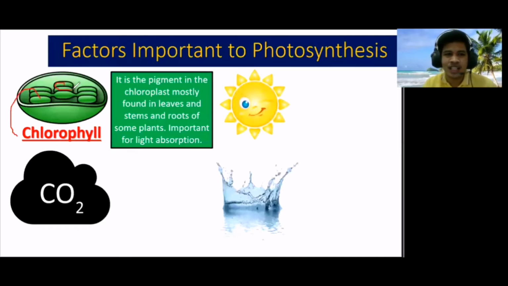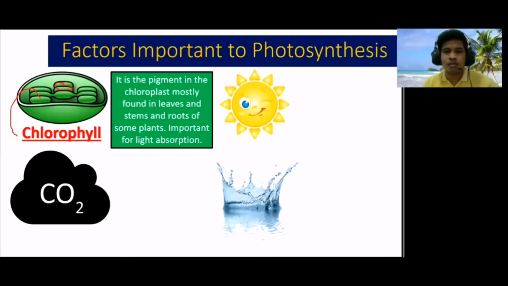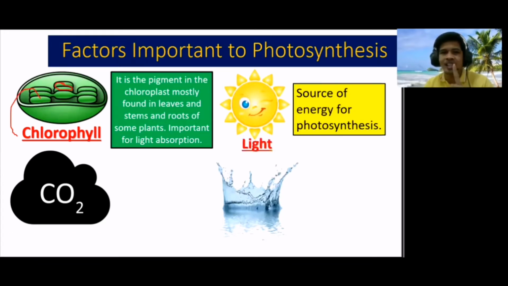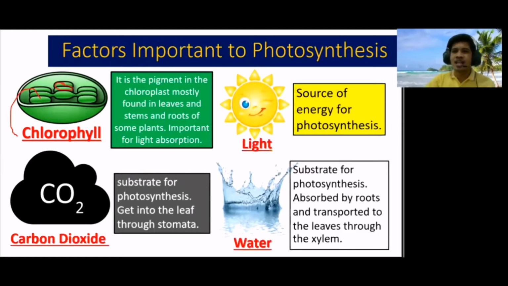Inside this one, you can find chlorophyll. So these are the four factors which are important to photosynthesis. Number 1, chlorophyll. Number 2, light. Number 3, carbon dioxide. And the last one, of course, is water.